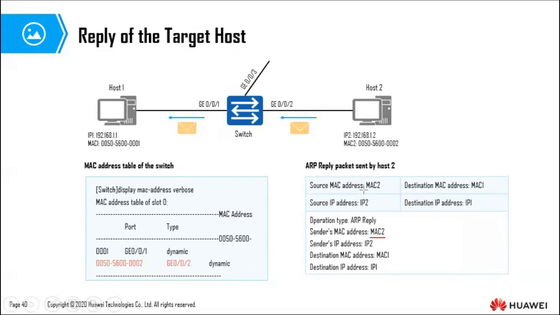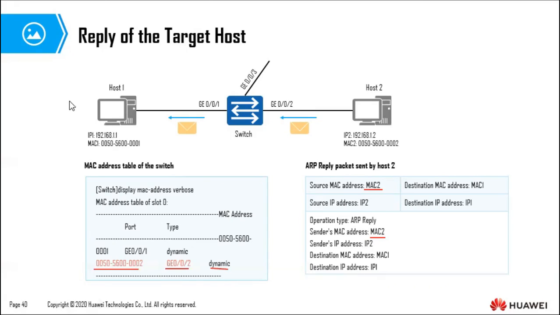And of course, in the Ethernet header, it's also going to indicate its own MAC address. The switch receives that, then updates that MAC address and the interface via which it has been connected, and says that it has learned it dynamically. So that's what the switch will do, update its MAC address table.